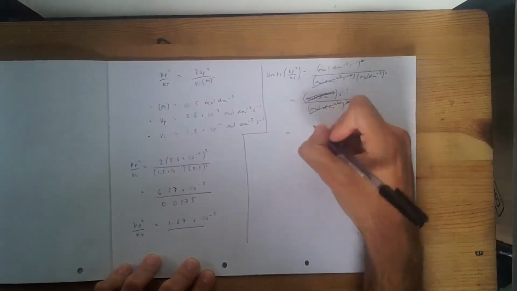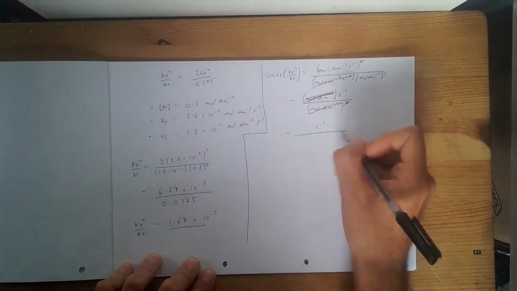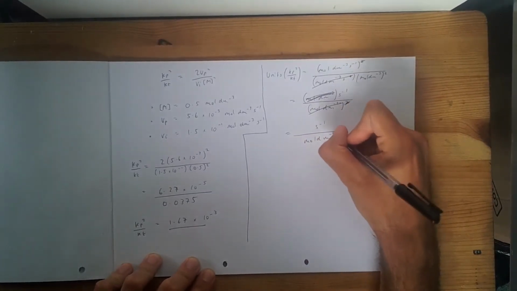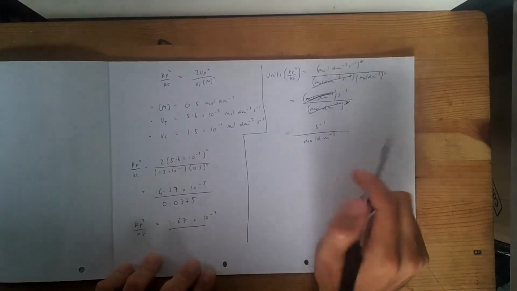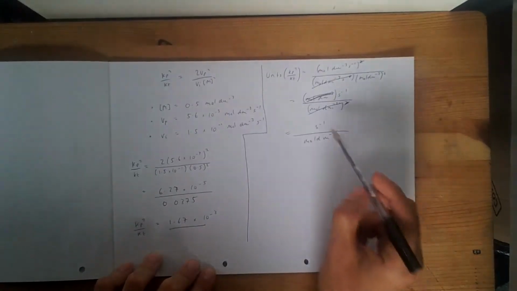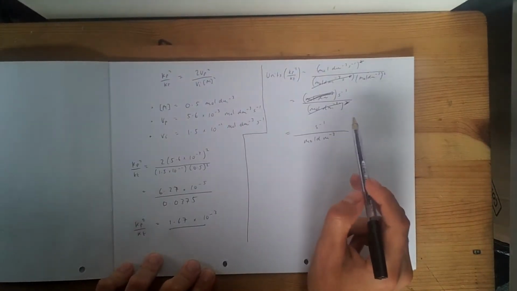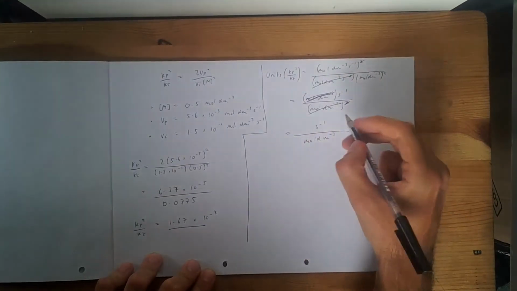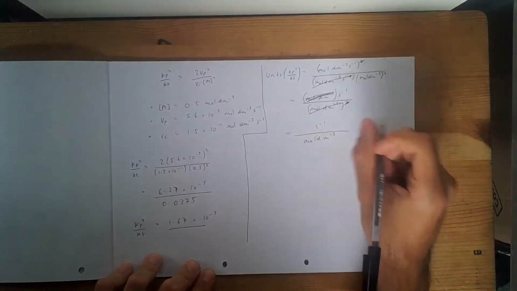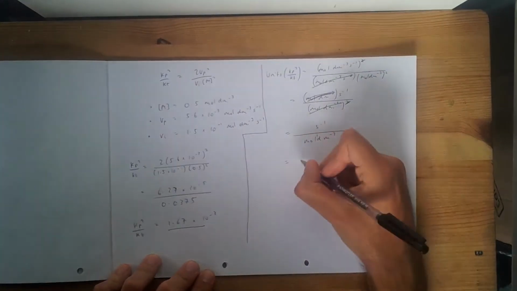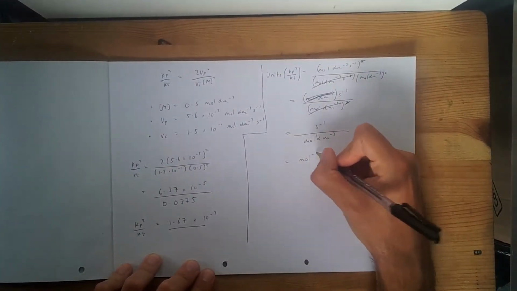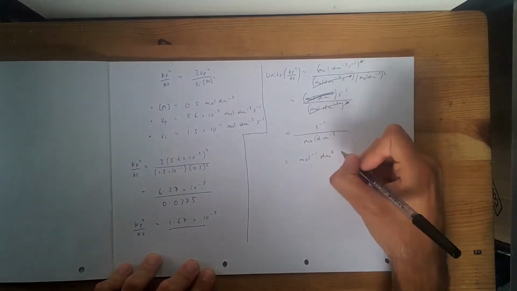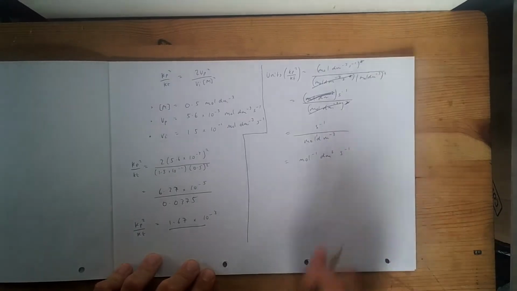This leaves us with seconds to the minus 1 over moles per decimeter cubed. As we said in an earlier question, whenever you have a power at the bottom of a fraction, you can raise it to the top and flip the sign of the power. So if we view moles as to the power of 1, we are left with moles to the minus 1 decimeters cubed, and then seconds to the minus 1.